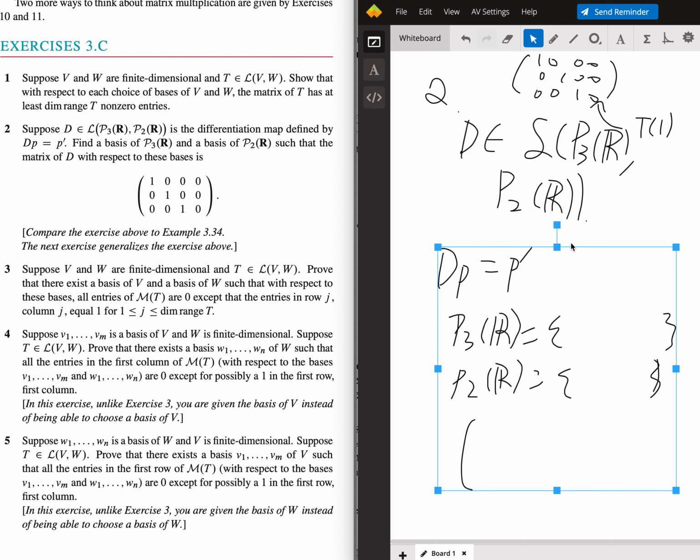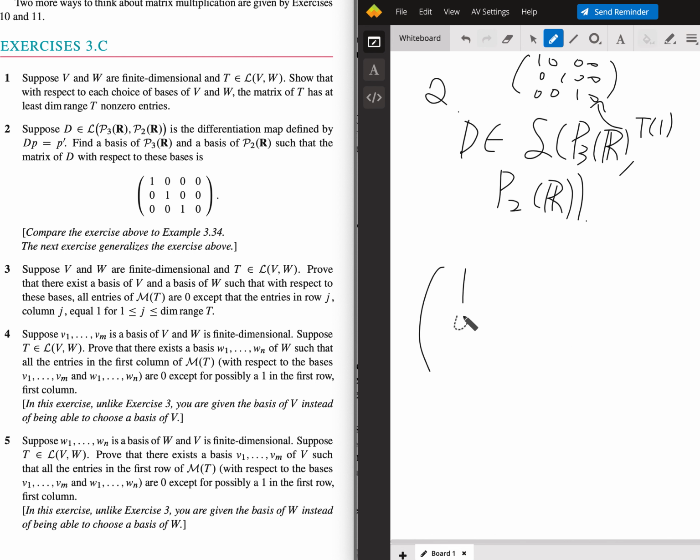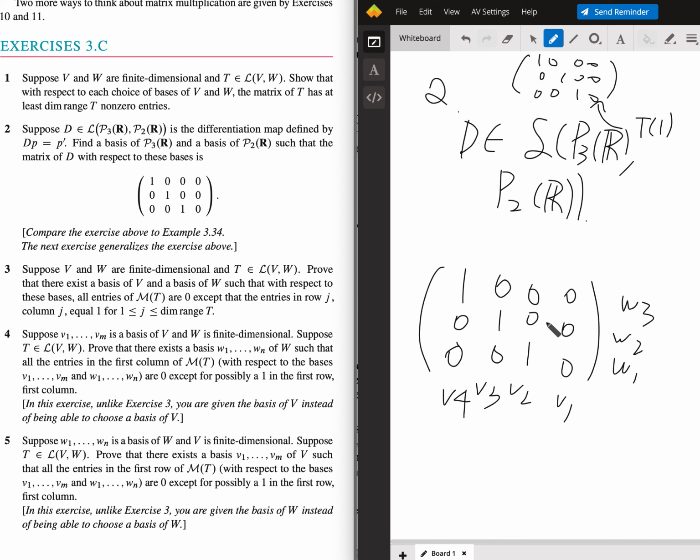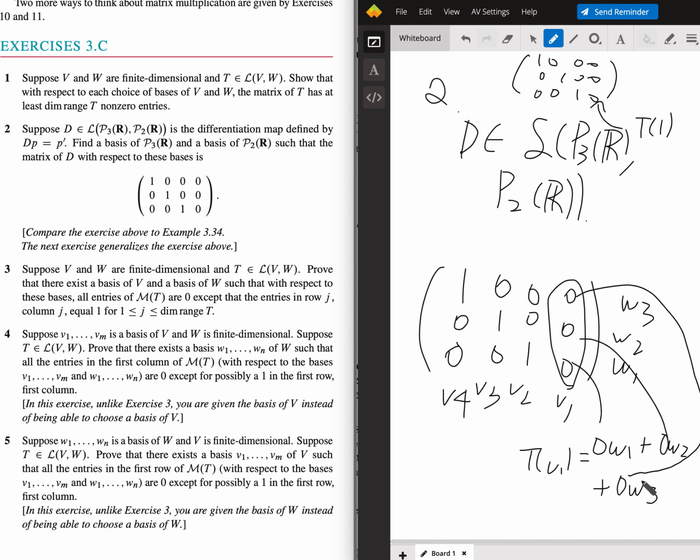By the way, if you haven't seen something like this before, I'll briefly draw it because I think it is useful. You have your basis in W and your basis in V. And then the transformation of V1 is found by performing a linear combination on the basis of W with the entries from the corresponding column.